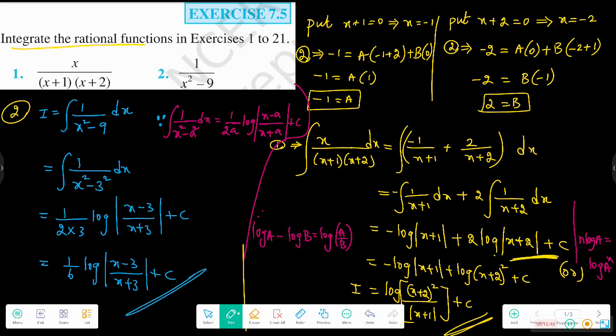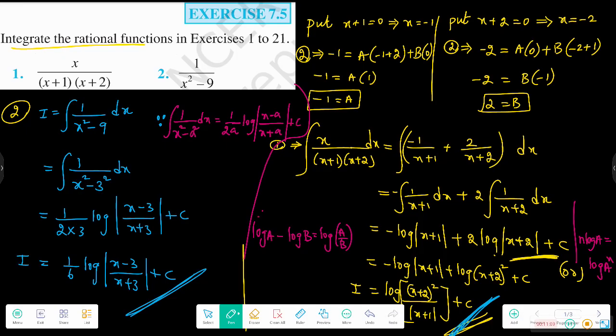That's it. Very easily we have done. Suppose you are doing partial fractions, it will come like the previous question, how we have done it: the same pages, the same number of steps it will take. Finally, when you come to the end of the answer, you will get this. Which is I equals. That's it.